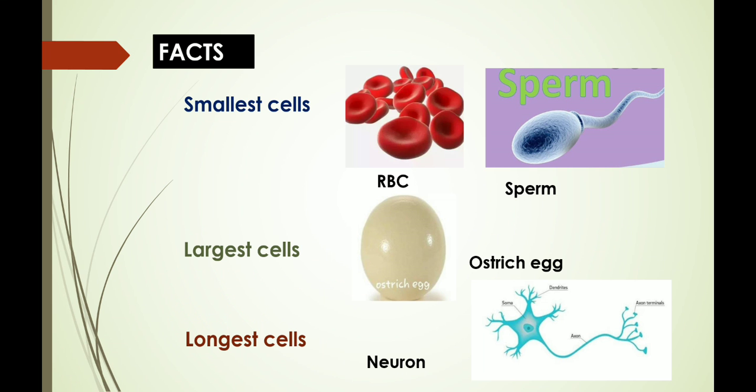That's why they both are considered as smallest cells in the human body. Whereas on the other hand, the largest cell is the ostrich egg. It is the largest cell, okay? And the longest cell is the neuron, that is the nerve cell that is present in our body. It is the longest cell.